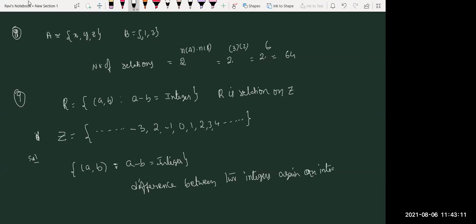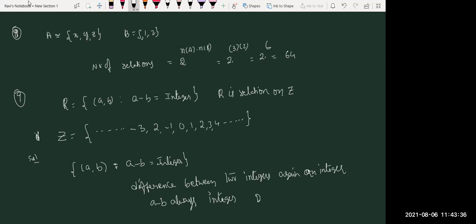Yes, sir. So a minus b is always an integer.